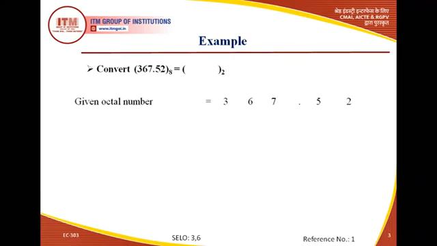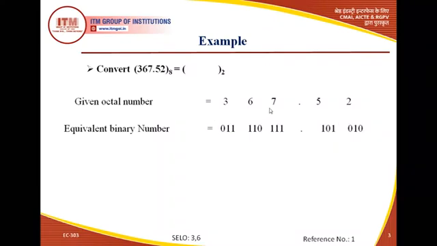We can also see that the given octal number is 367.52. Its equivalent 3-bit binary is: 3 is 011, 6 is 110, 7 is 111, 5 is 101, and 2 is 010. You can also see this from the table.